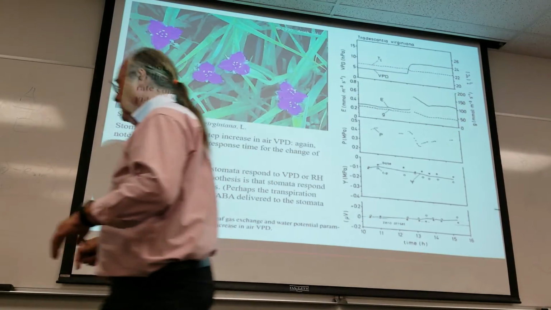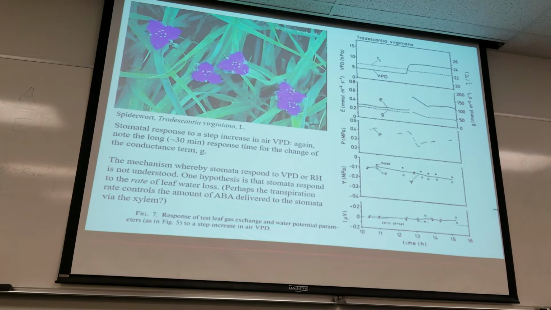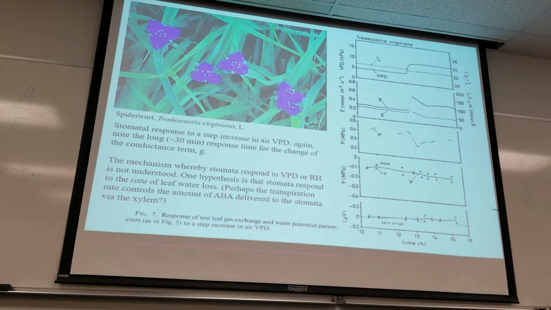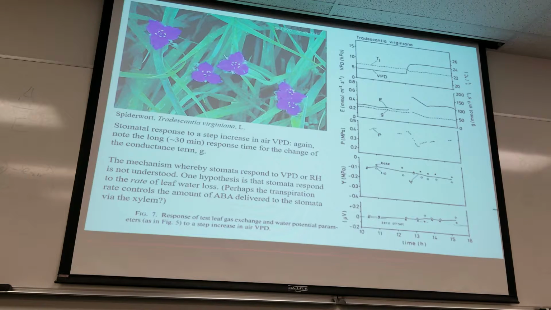Therefore, their conclusion was, there's something more than just a passive loss of water. There's some metabolic stuff going on in the guard cells that's causing them to change in response to how dry the air is. It's not just due to loss or gain of water. There's more to it than that.